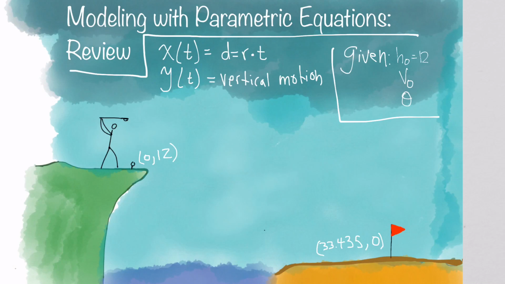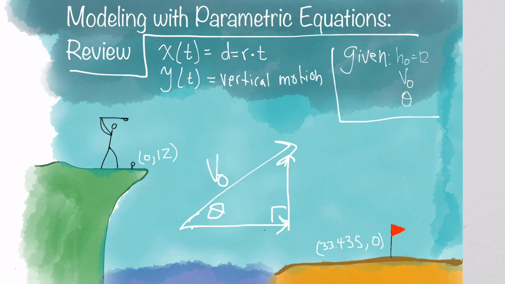Now, before we start actually writing our equations, we need to recognize that the initial velocity is being directed at an angle, which means that the full force of the hit is being broken up into a horizontal component and a vertical component. Using basic right triangle trigonometry, we can figure out what the value of each component is.